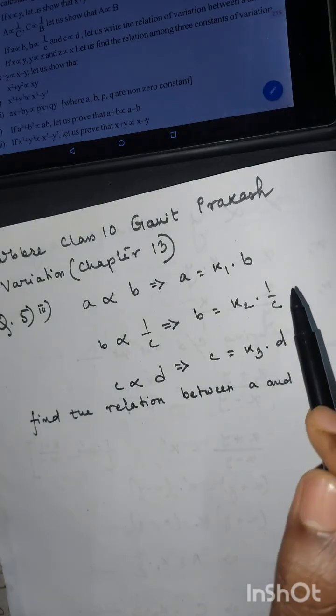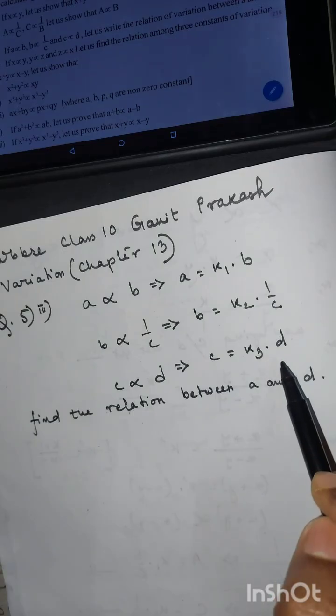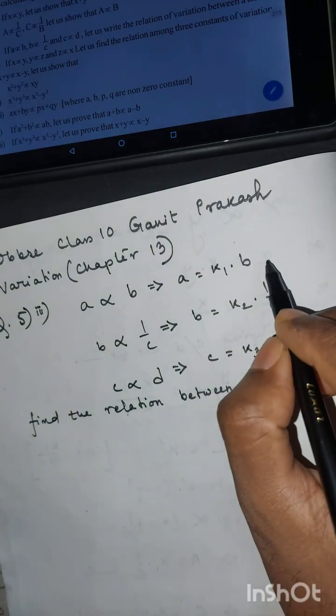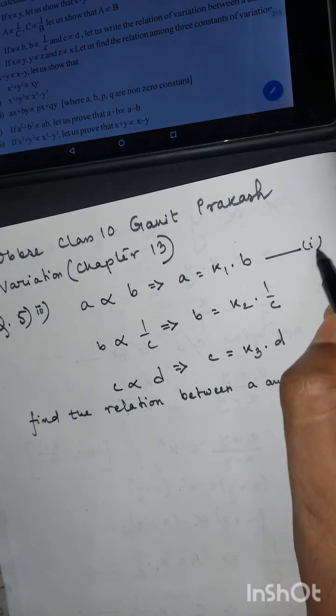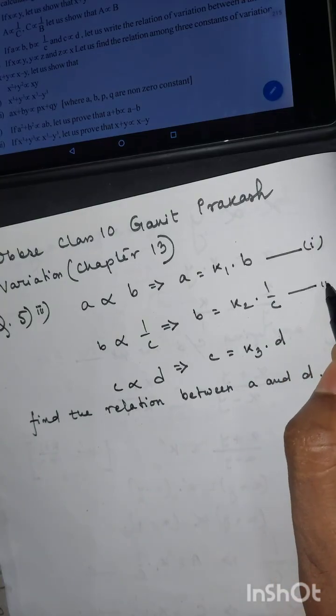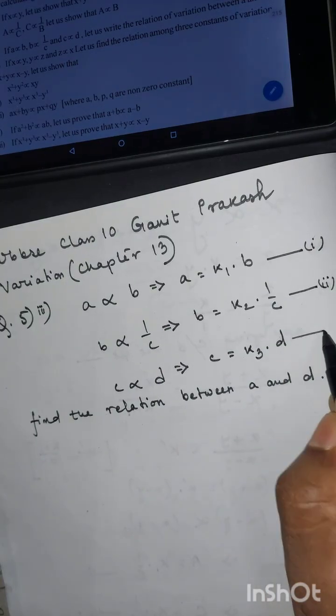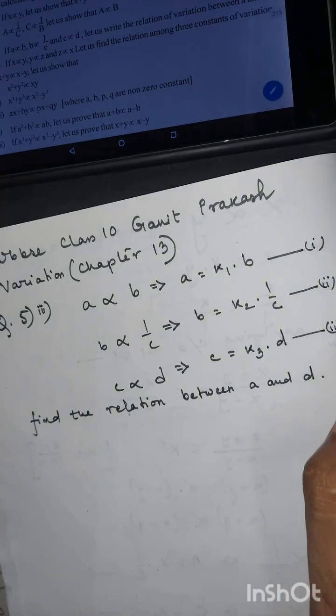Now we have to find out the relation between A and D. Let us say this is equation number 1, this is equation number 2, and this is equation number 3.